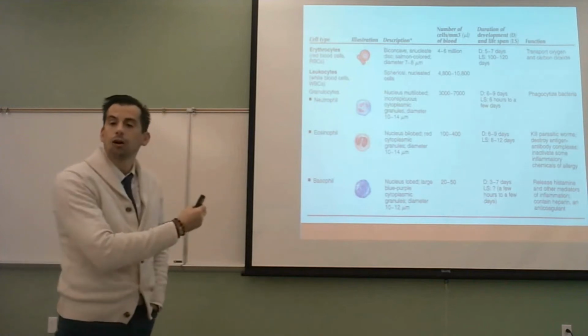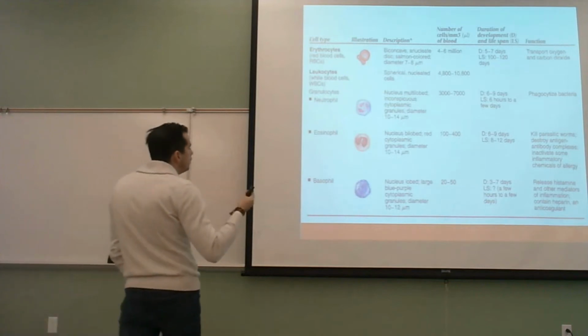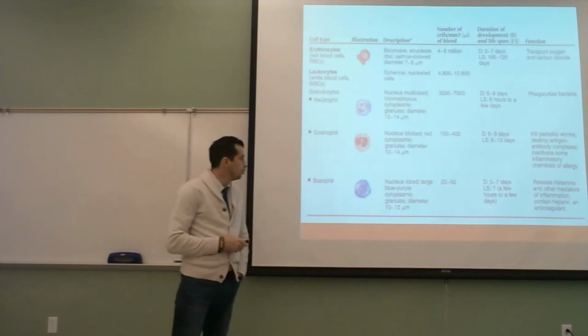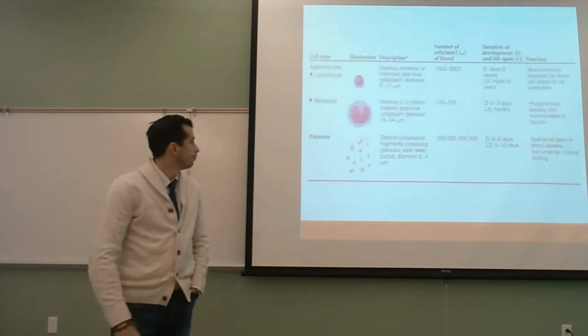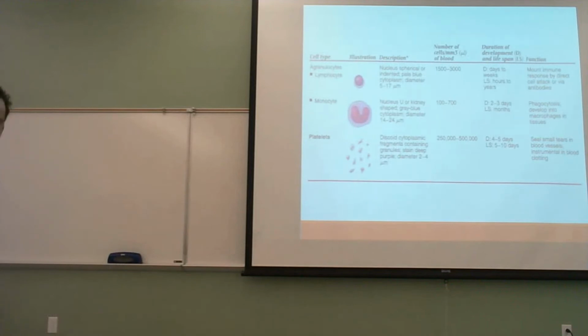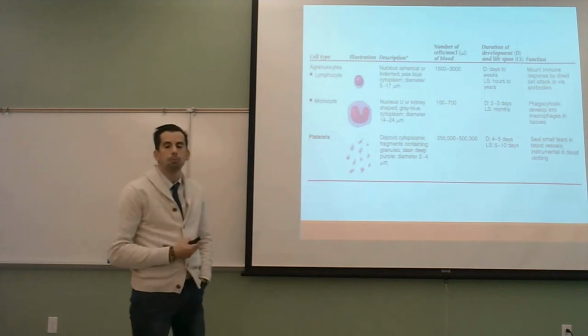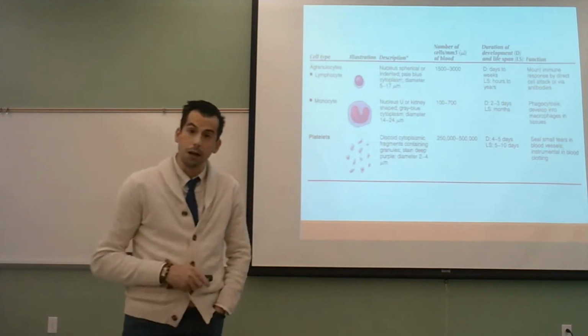And major functions. We're not going to get into in-depth immune function though until we get to the immune system. Platelets, we're going to be discussing more from a functional standpoint. Once we get to hemostasis, we'll look at platelet plug formation and blood clotting.